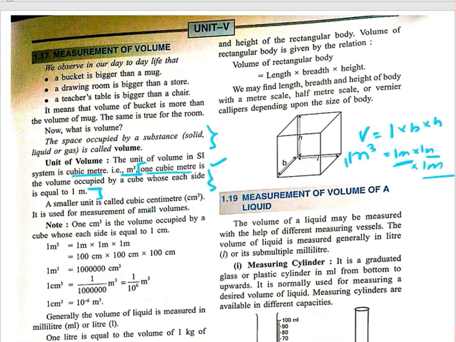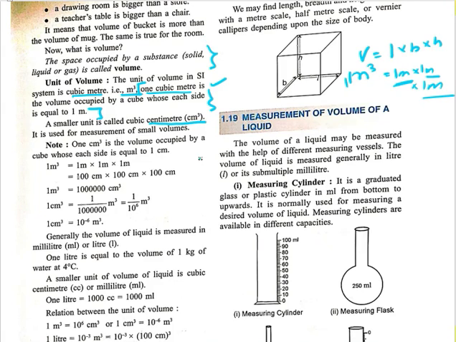You write it, and the smaller unit of volume is the centimeter cube. Smaller unit, because meter is bigger and centimeter is smaller. And now we have the comparison. 1 cubic centimeter is the volume occupied by a cube whose side is equal to 1 centimeter.